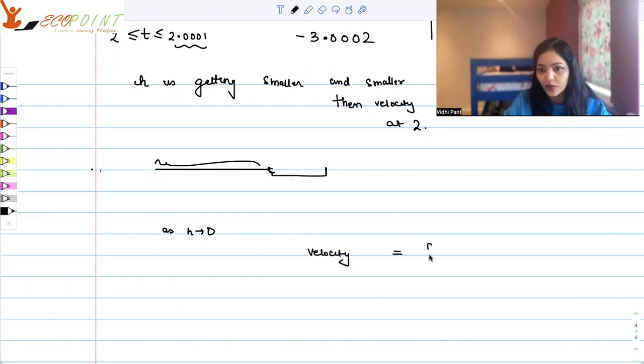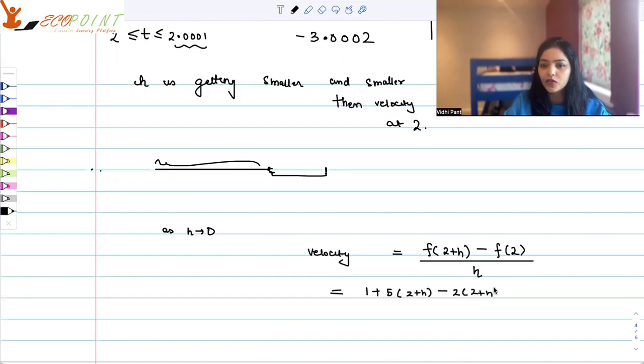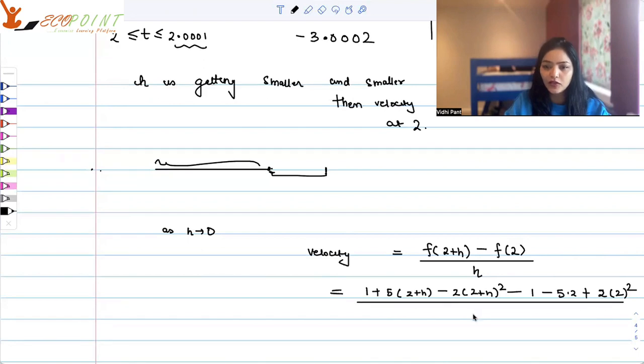The average one was f of 2 plus h minus f of 2, whole thing upon h, that's the time elapsed, okay, which will be equal to 1 plus 5 times 2 plus h minus 2 times 2 plus h square minus 1 minus 5 times 2 plus 2 times 2 square, whole thing upon h.